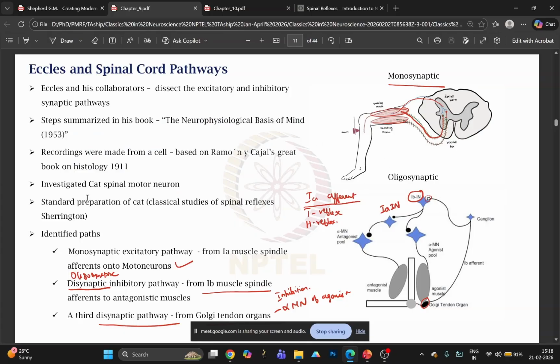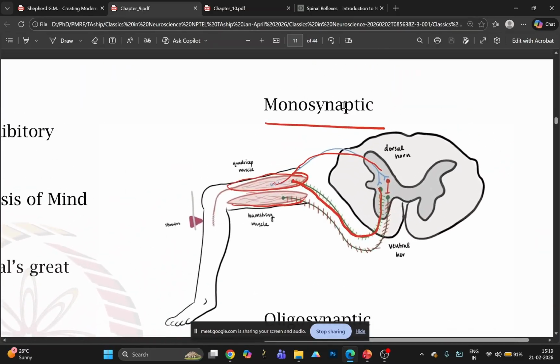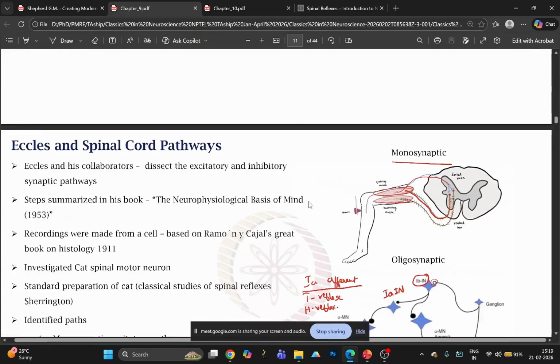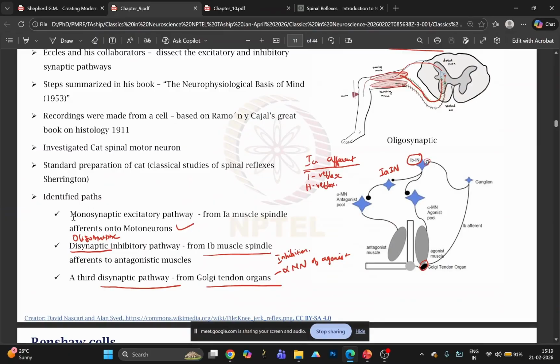Then, while he was investigating the cat spinal motor neuron, he discovered a monosynaptic excitatory pathway. This monosynaptic excitatory pathway is from the 1A muscle spindle afferents to motor neurons. So what does that mean?